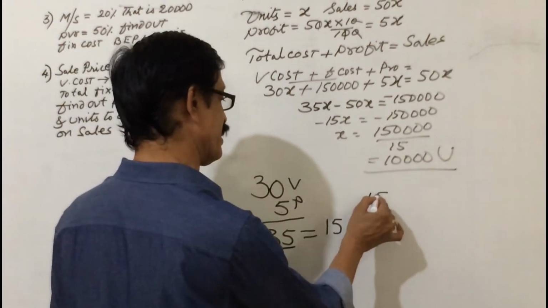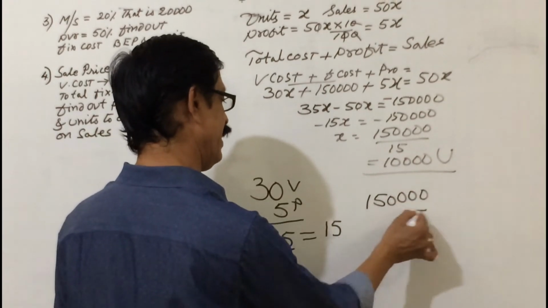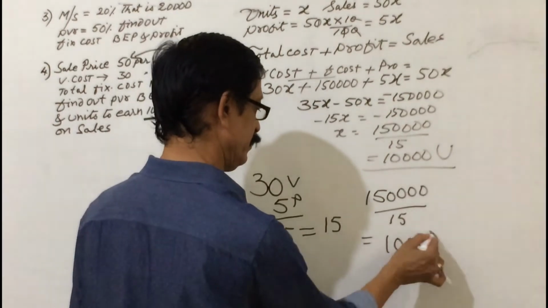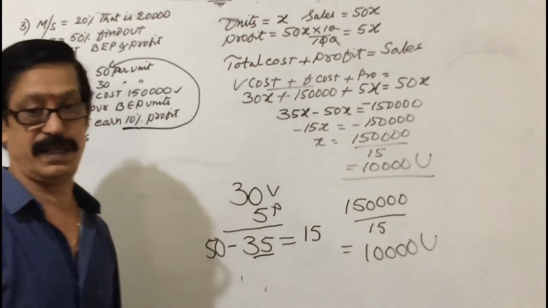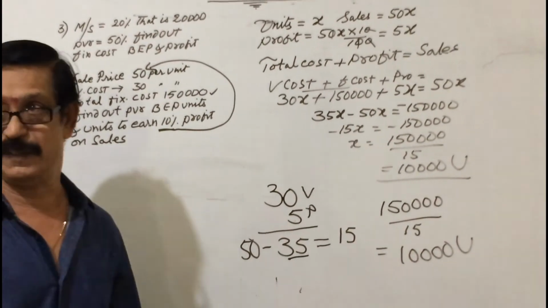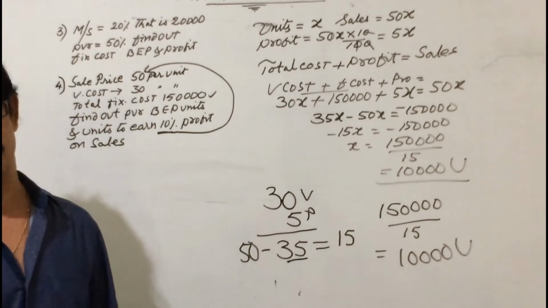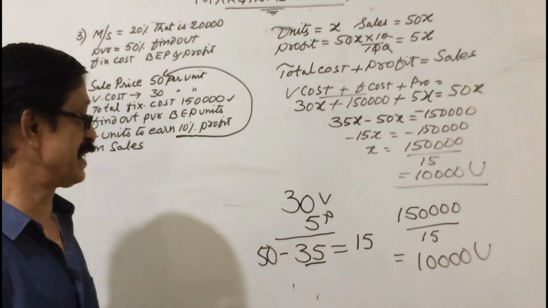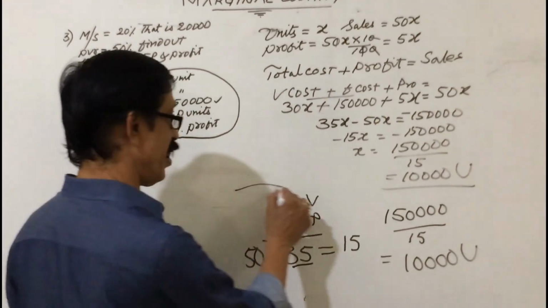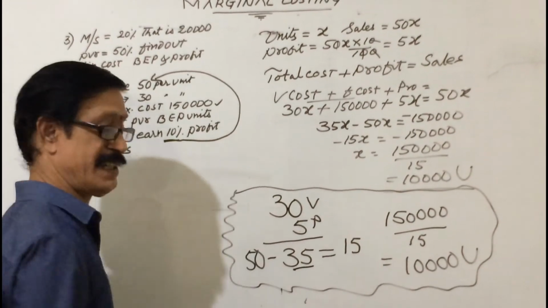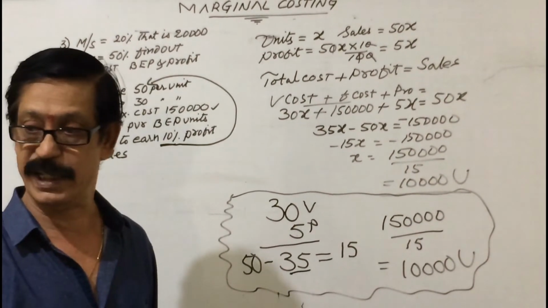Our total fixed cost is 1,50,000 divided by 15, that is equal to 10,000 units. Understanding or not? So you can do it in different ways when you understand the original concept. You can go through either x, y. Here we solved without x, in a general arithmetical way. Okay?